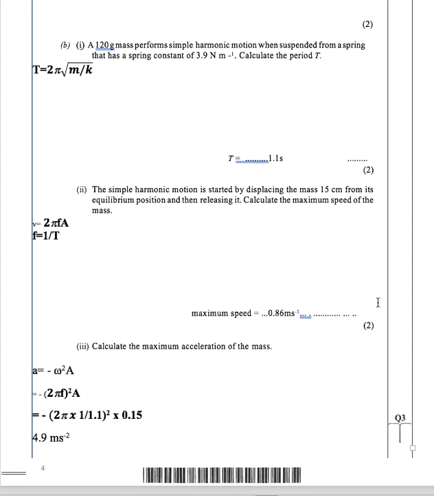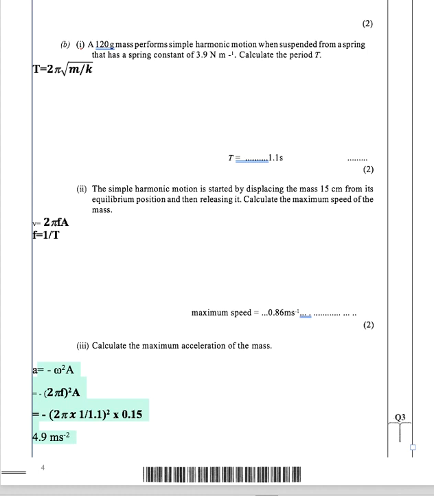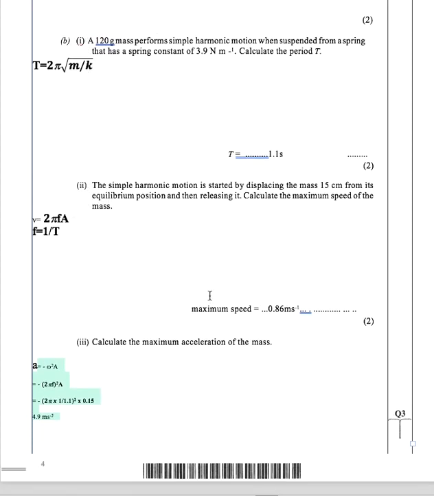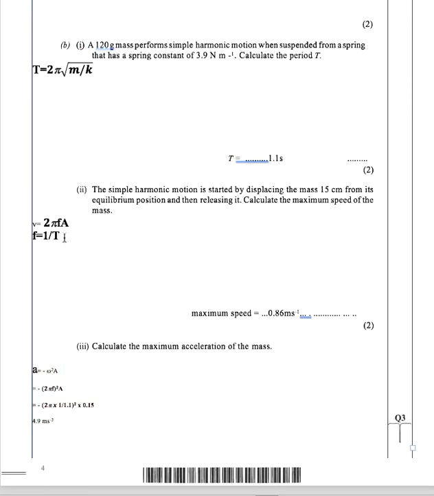And then finally, we're told that the 120 gram mass is replaced by a block of wood, and we're told that the period then changes to 1.4 seconds. So I'm not sure where the rest of my question has gone here.